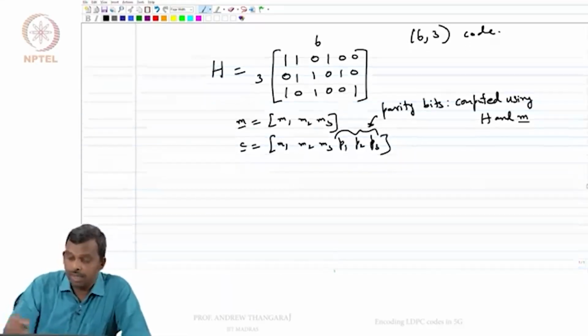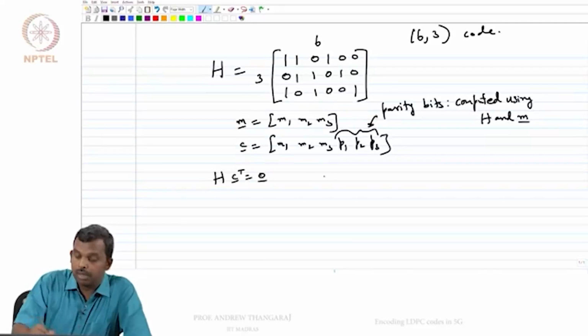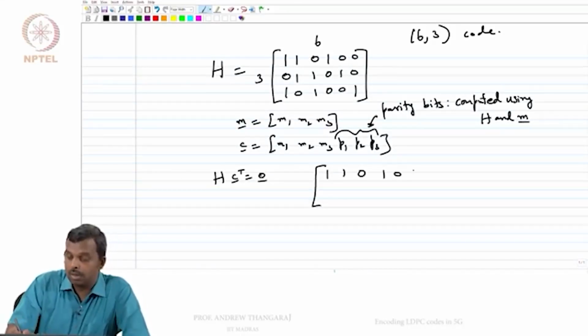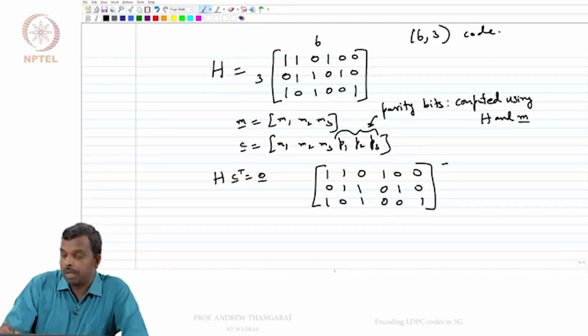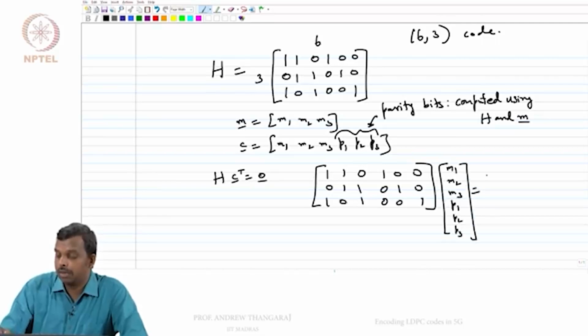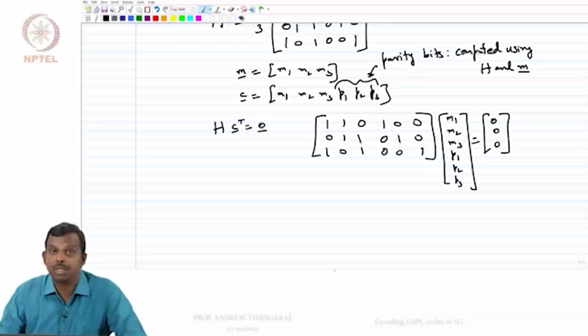H tells you that H times C transpose equals 0, okay, which in other words is this equation, right? So, 110100, 011010, 101001 multiplied on the right with M1, M2, M3, P1, P2, P3 goes to 0, 0, 0. Okay. So now if you look at what this means, this actually means three equations.